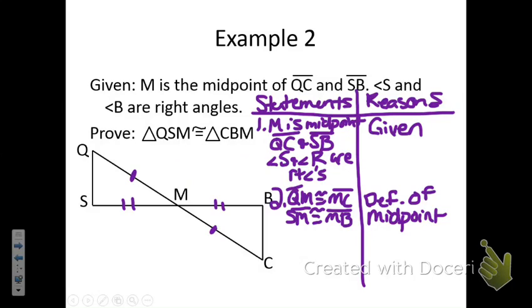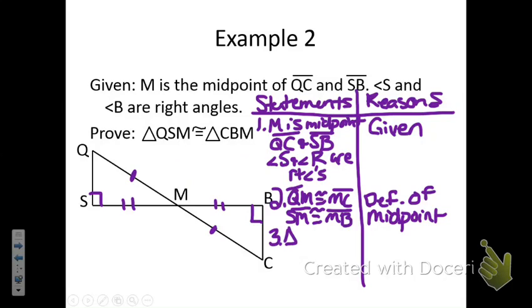But what other information did it give me? That S and B are right angles. So if I know that S and B are right angles, what do I know about these two triangles? That they're right triangles, right? So if I've got two right angles, I've got two triangles that are right.